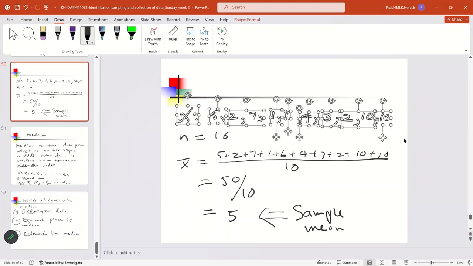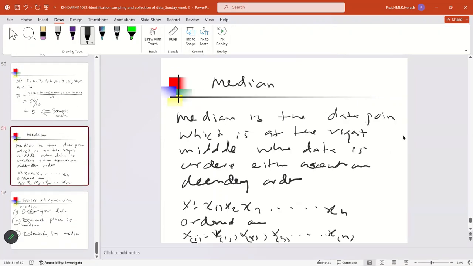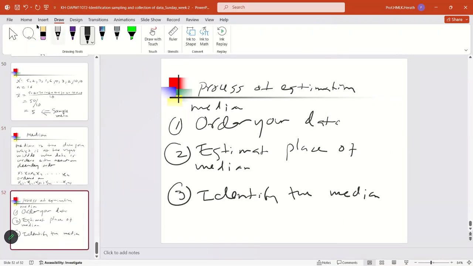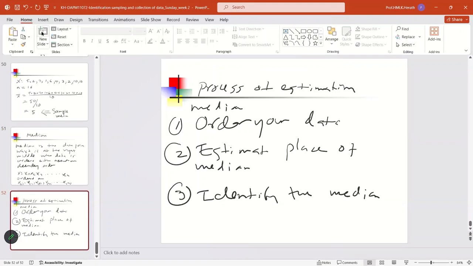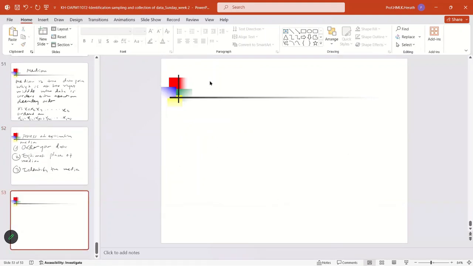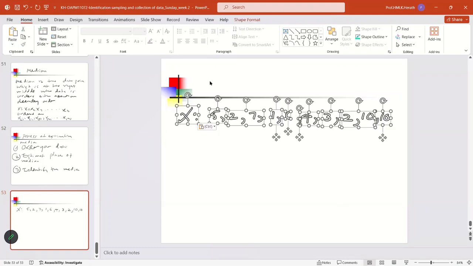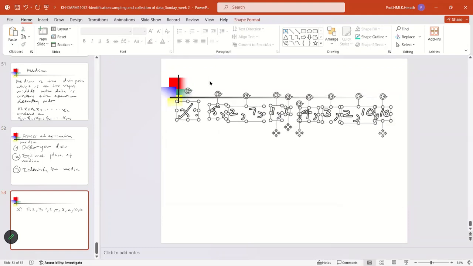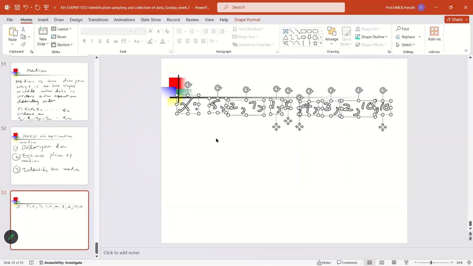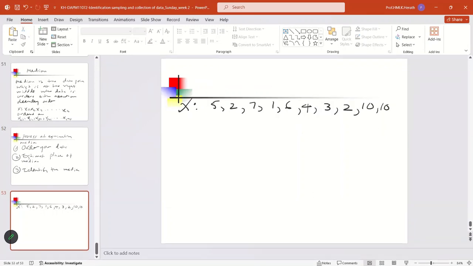Okay, this is our data set. Now we convert this into an ordered array.